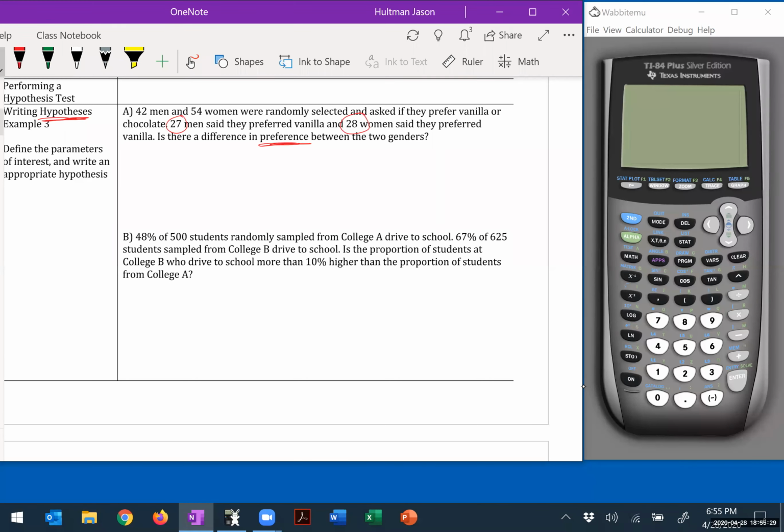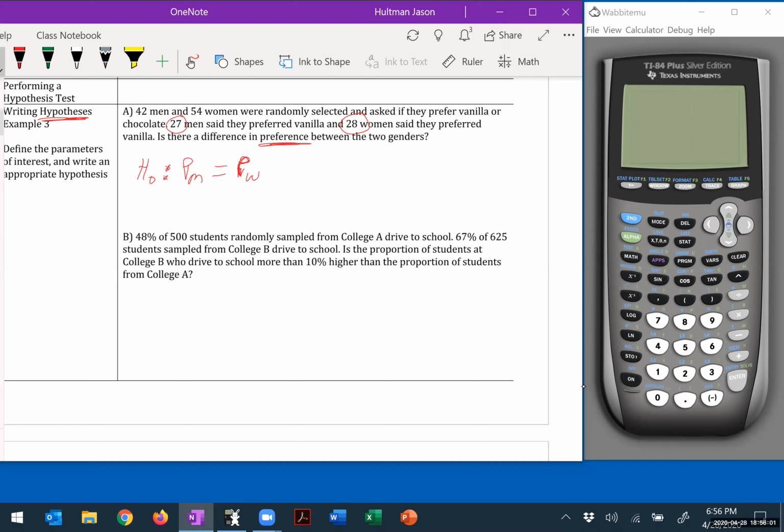Okay. So what would be my null hypothesis? I'm just trying to compare the two. Well, there's a proportion here, right? So is the proportion of men equal to the proportion of women who like vanilla?